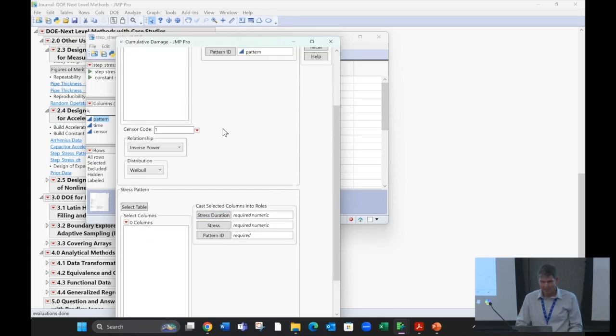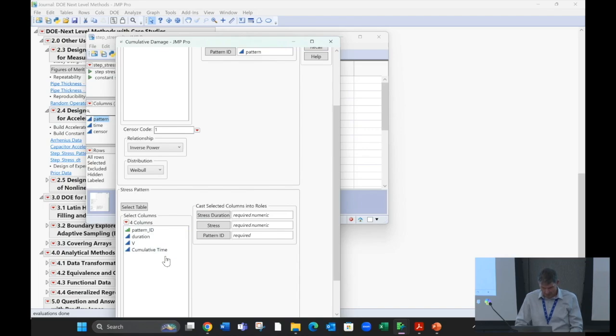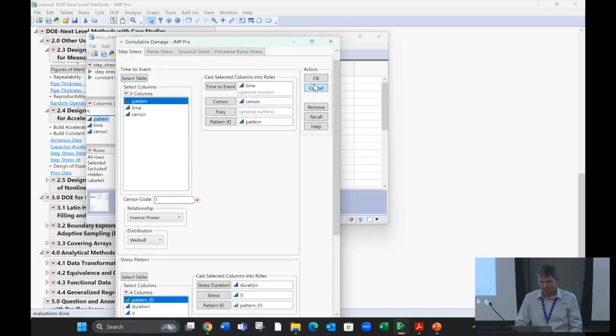And then I select another table right here to say, well, what is the pattern? What do my steps look like? Okay, and I'll show you what those steps look like here once I enter this in. There's my pattern. And stress duration is duration. Stress is voltage. And pattern ID is pattern ID. So off we go.